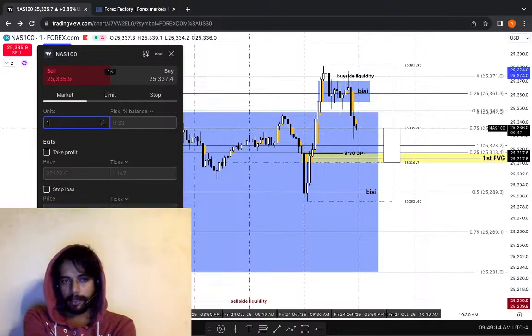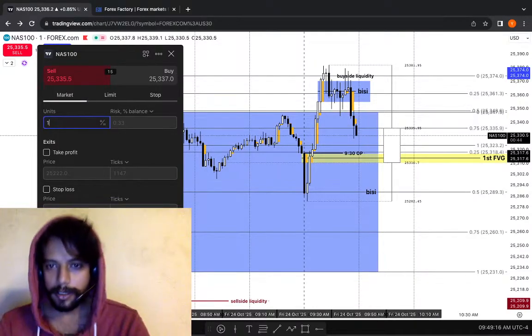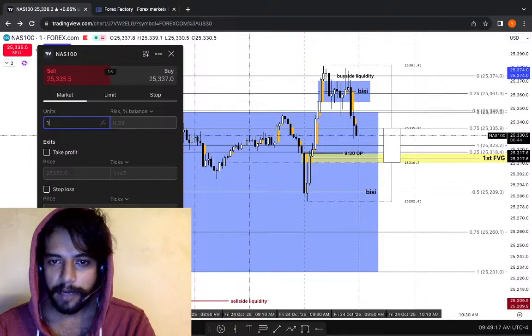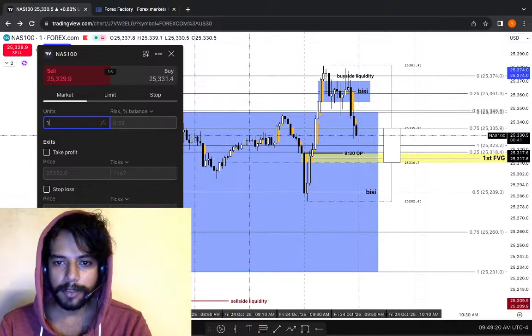It looks like they are going to start the 950 to 1010 macro to start spooling the prices lower and take out that sell side liquidity.